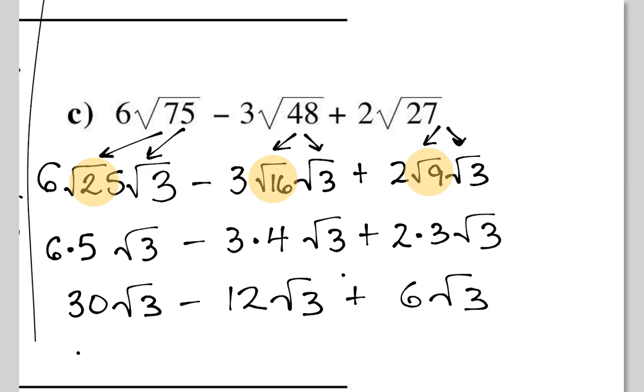And if you remember BEDMAS, you have to do exponents first and then multiplication. So that's why you just keep them separate. And this is nice because they're all root 3s. So if they're all root 3s, you can combine like terms. And it's just 30 take away 12 plus 6. You could do that in your calculator if you wanted. 30 take away 12 was 18. 18 and 6 makes 24. Are we okay with this?